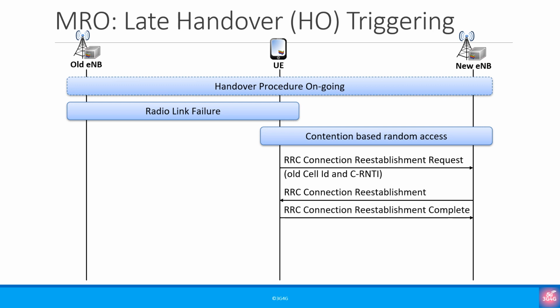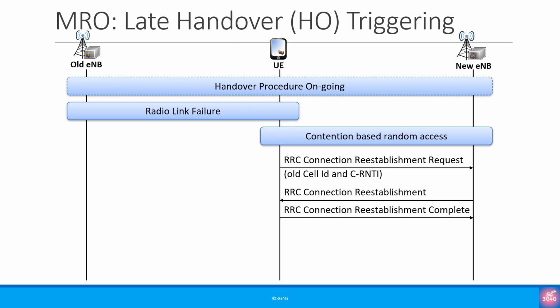In the RRC re-establishment complete message, the UE can inform the eNode B that the UE has additional information about the radio link failure. The network may not always be interested in this information for a variety of reasons. One of them could be that the new optimization procedure has started and would take some time to complete.